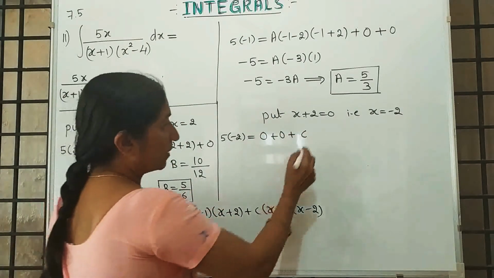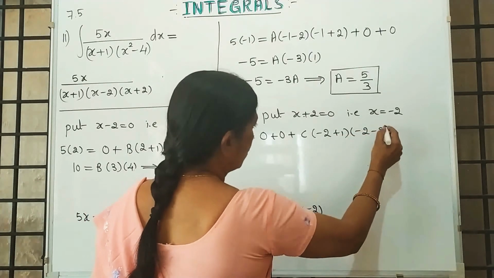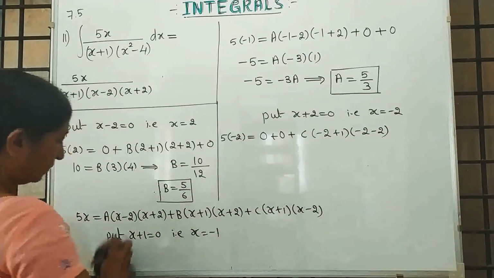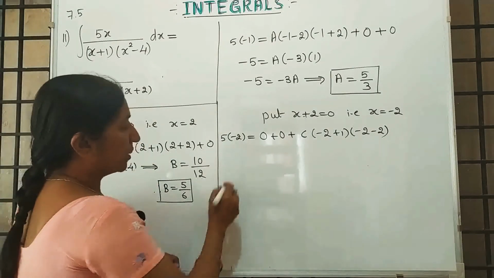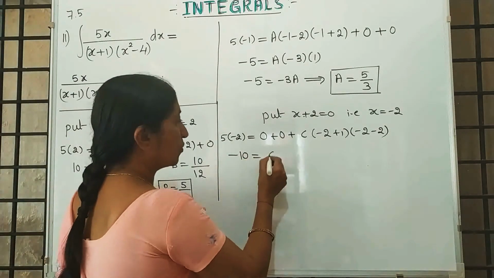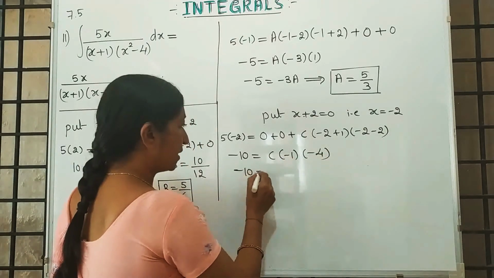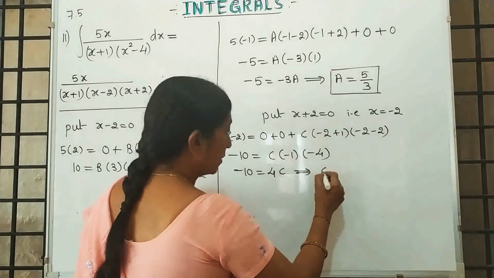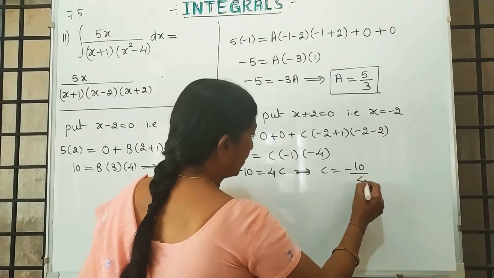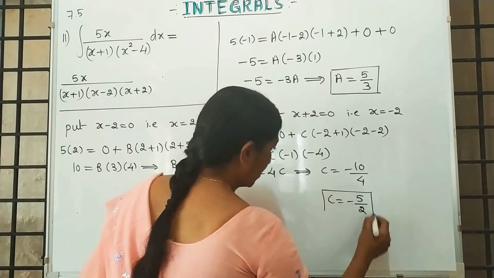C is into (minus 2 plus 1), next one is (minus 2 minus 2). So minus 10 is equal to C into minus 1 into minus 4. Minus 10 is equal to 4C, minus into minus is plus. C is equal to minus 10 by 4, that is C is equal to minus 5 upon 2.